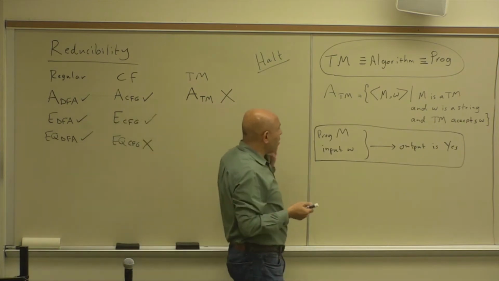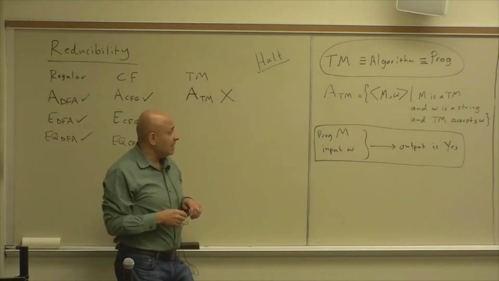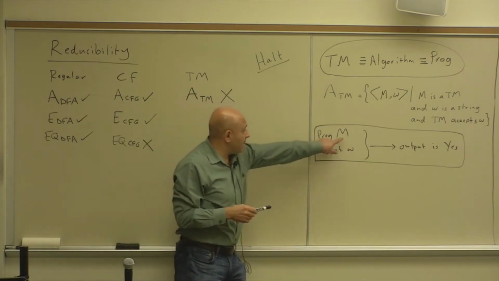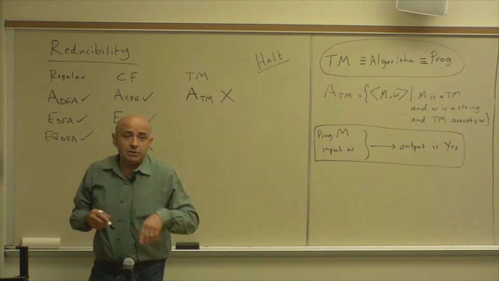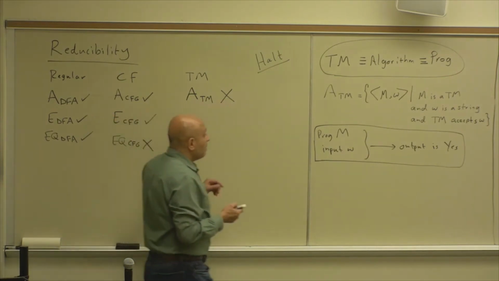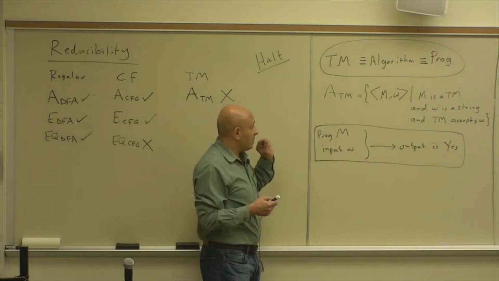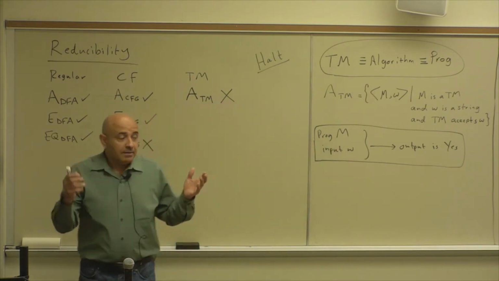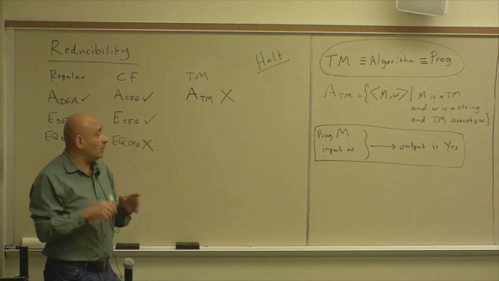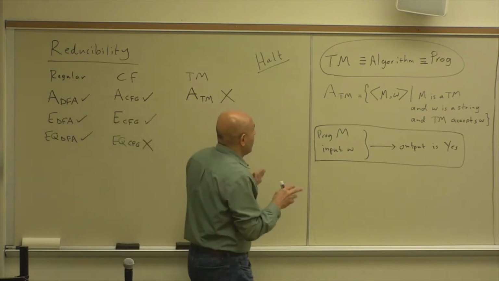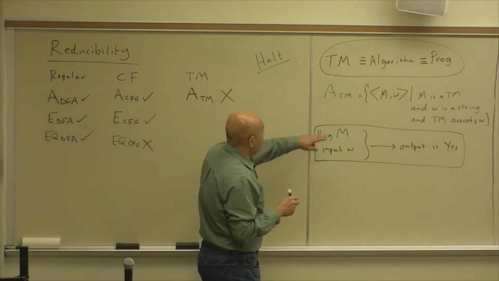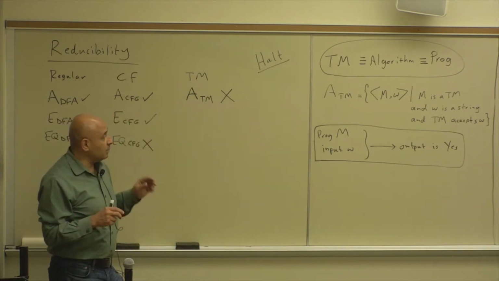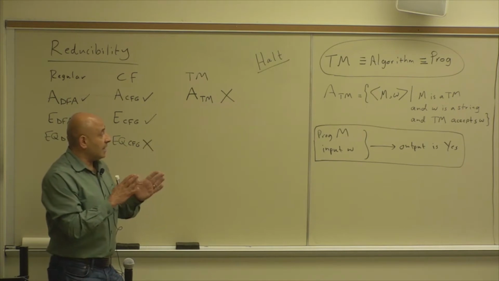Because if the output on input W is no, then program M may loop forever. And the intuition is that program M is a general program. Basically, it's written in a general purpose language that's as powerful as the language in which we wrote the analysis program.